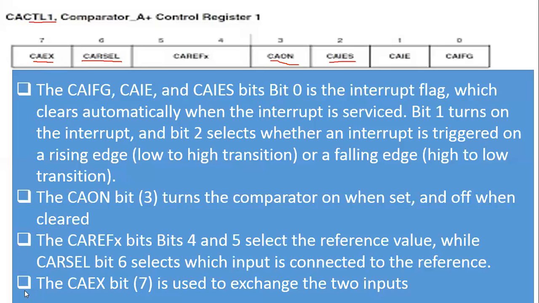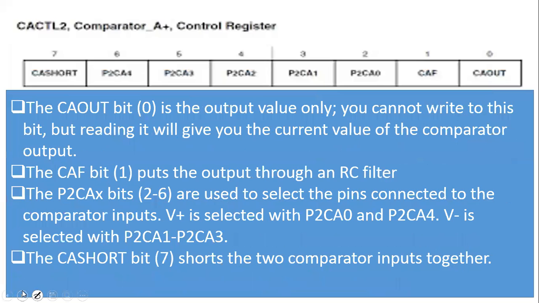Then go to the next one, the next control register. This is control register 2. In this we have CAOUT. Out means you can use only the output. Then CAF, which means comparator filter.